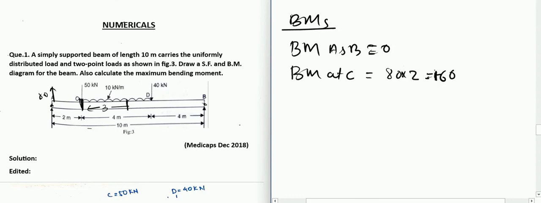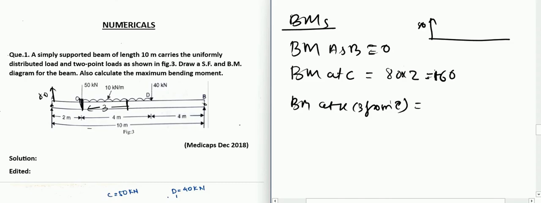Yeah, so let us just calculate the bending moment at that point, at x, which is 3 meter from C. So what we have here is a beam where there is an upward force of 80, which is at 2 plus 3, 2 meter from C and 3 meter from X. And there is also a 50 kilonewton load here.